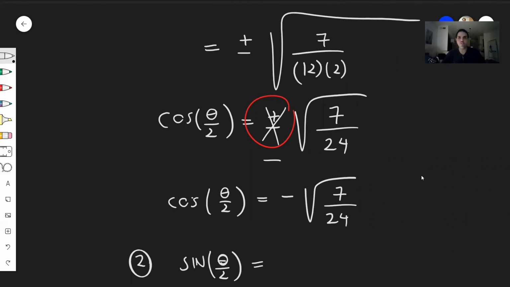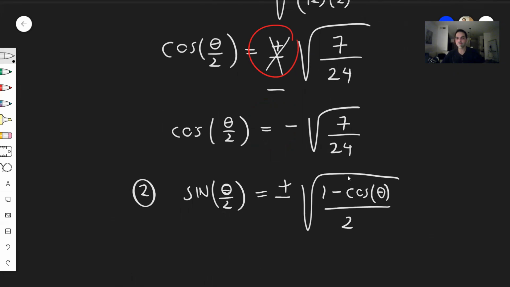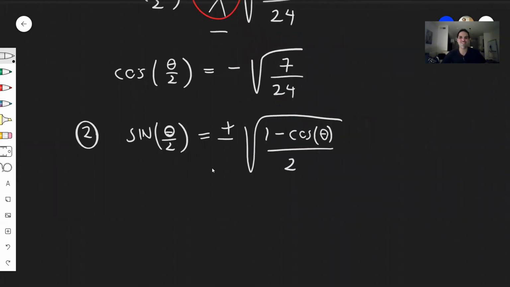Yeah, so before we had 1 plus cosine of theta over 2, but now it's plus or minus square root of 1 minus cosine of theta over 2. And again, you just do it similarly, but you solve for sine. But I don't want to waste too much of your time. Ooh, that rhymes.